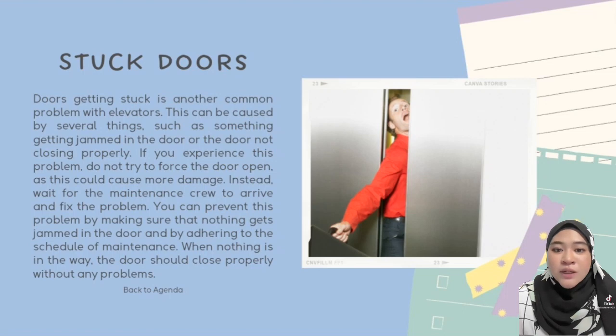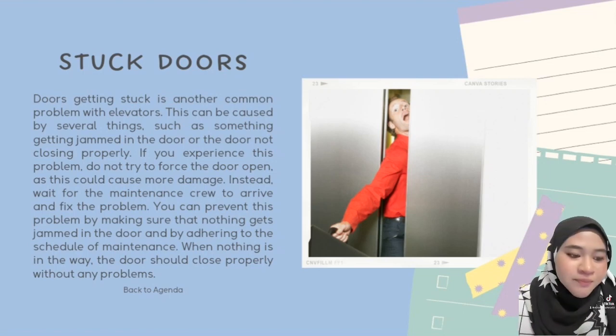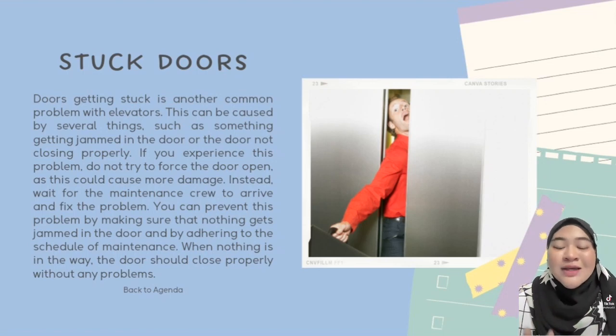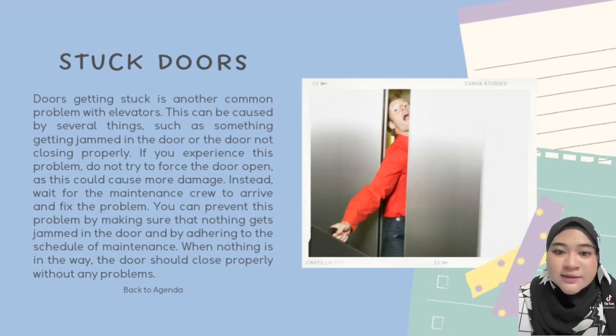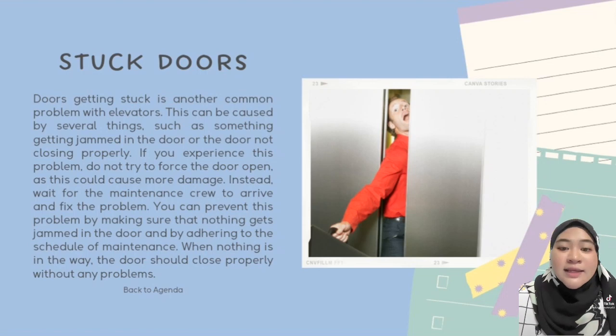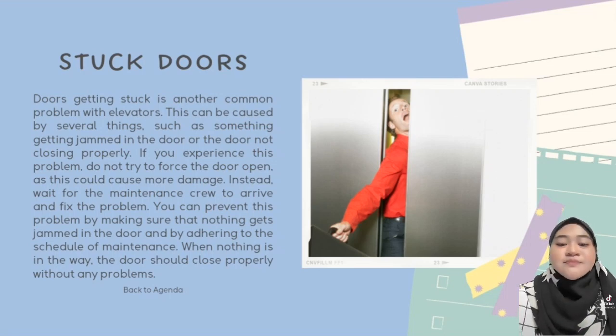Instead, wait for the maintenance crew to arrive and fix the problem. You can prevent this problem by adhering to the maintenance schedule. When nothing is in the way, the door should close properly without any problem.